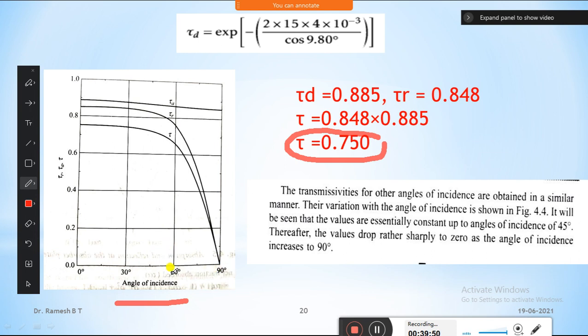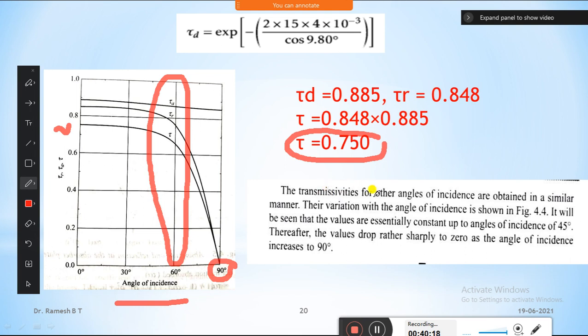If you consider 60 degrees, then the diffuse radiation equals the beam radiation. Here is the tau value 0.75, and this is the tau d and tau a value. If you increase the angle, it keeps on decreasing, and finally it becomes 0 at an angle of 90 degrees. So this graph you have to draw.